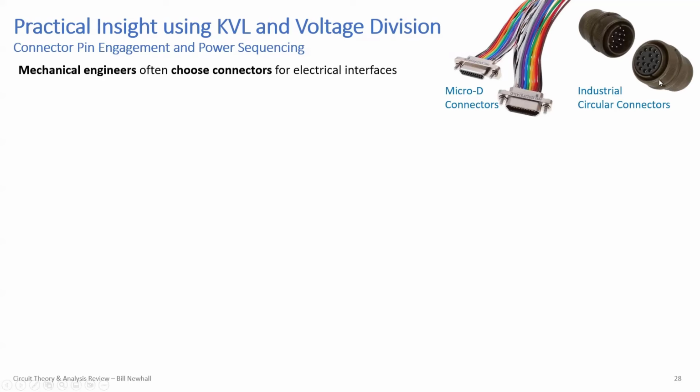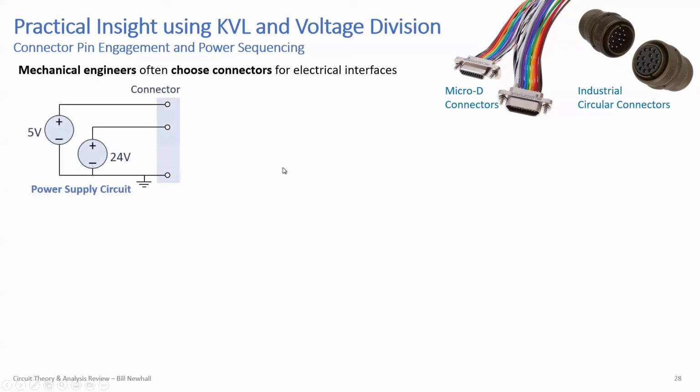A mechanical engineer might choose those based on environmentals, shock, vibe, temperature, maybe even thermal expansion. So mechanical engineers are typically the ones working with an electrical engineer that choose the interface connectors.